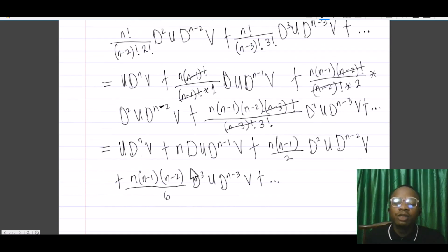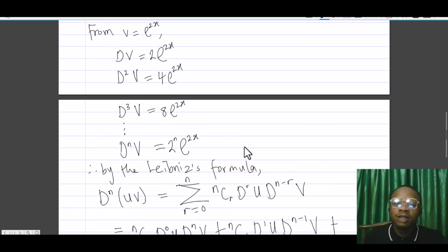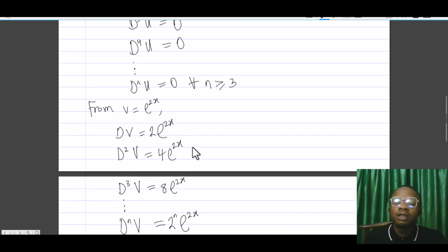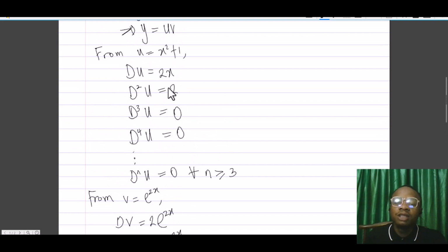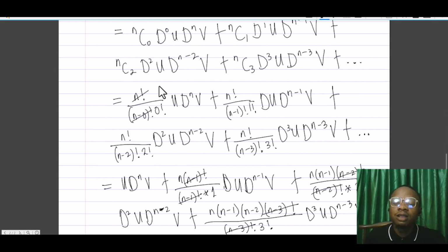And now we have expanded this already, and we have all the terms that we need right here. We already know what the nth derivative of v is, it is 2 to the power of n e to the power of 2x. And then we know the derivatives that we require also from u, so we just put them right in here.